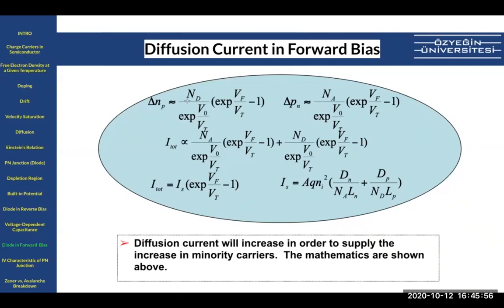If we look at this first equation, it tells us that if we increase the applied voltage from outside, we increase this exponential term, and this entire term increases, so the electrons at the P side increase, right?